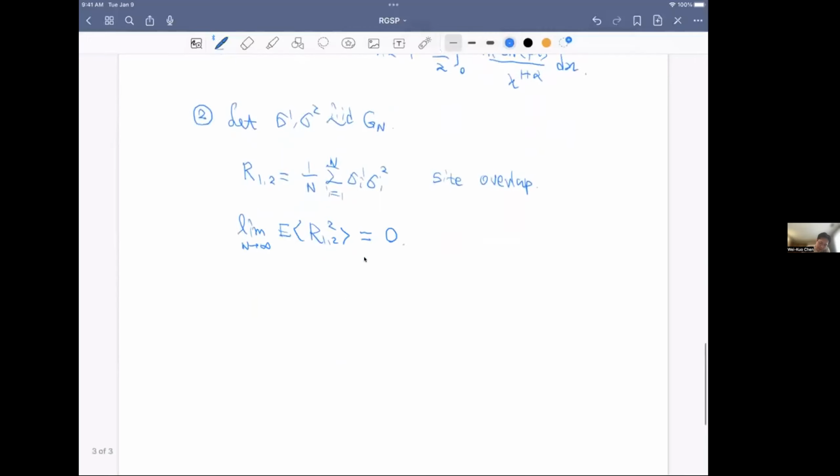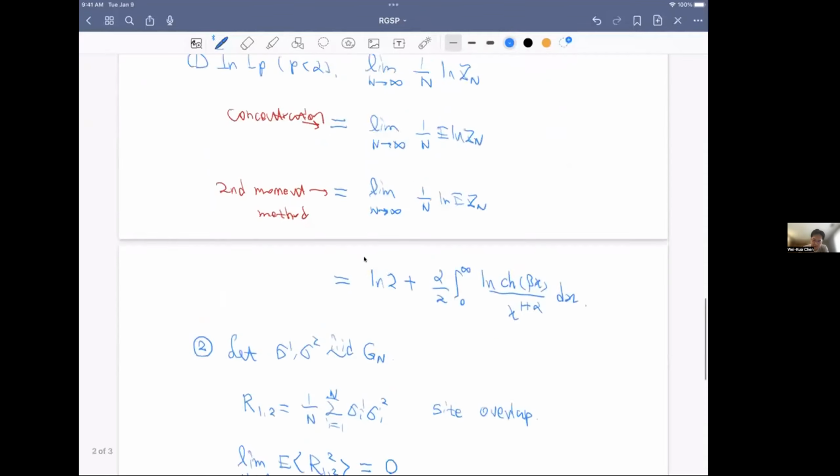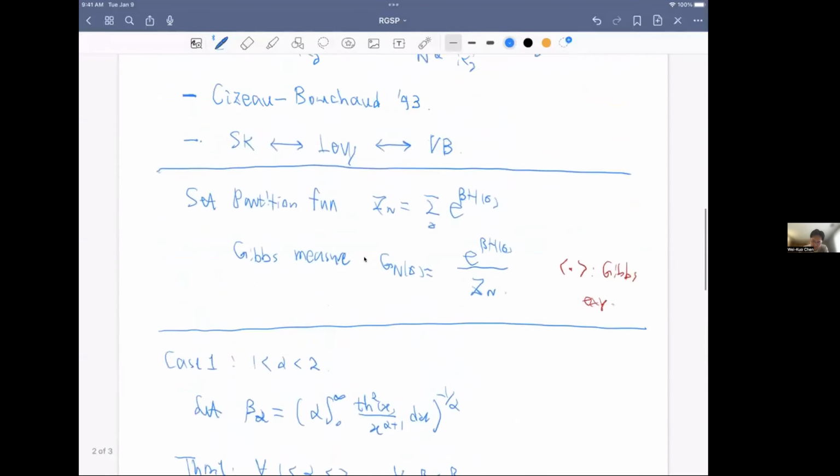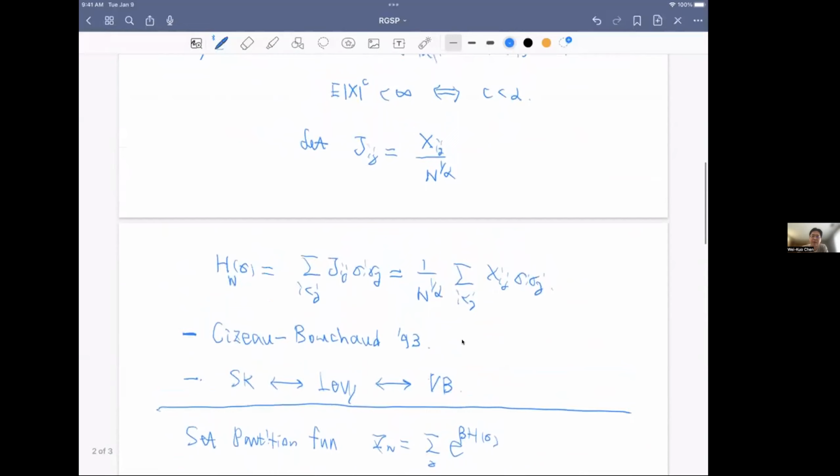All right, and number 3 is a bit more interesting. I'm going to look at the overlap on the edges. But in this model, we have to be more careful. What do I mean by comparing the spins on the edges? Because this model is defined in this way, you look at the sum over all pairs.